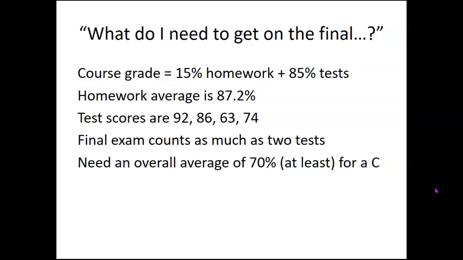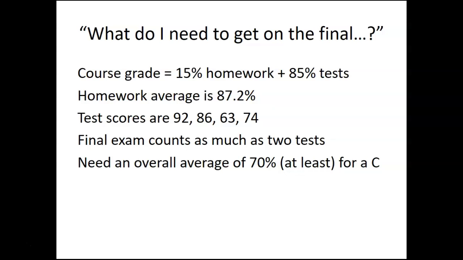So in this example, let's suppose that the course grade is determined by taking 15% of a student's homework average plus 85% of their overall test average, which is the way it works for this class. And let's say it's the end of the semester, all the homework has already been turned in and graded, and the student has a homework average of 87.2%.